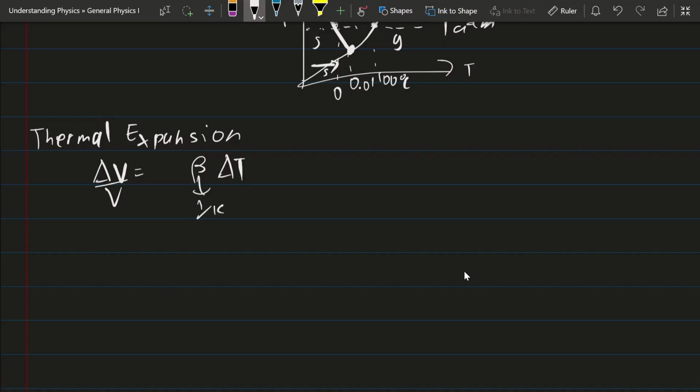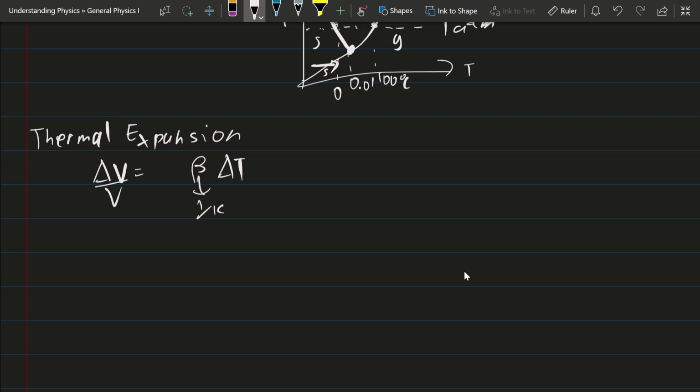So with this, you could see that the change in volume is actually much more of a ratio compared with the temperature. By the way, this is the coefficient of volume expansion.